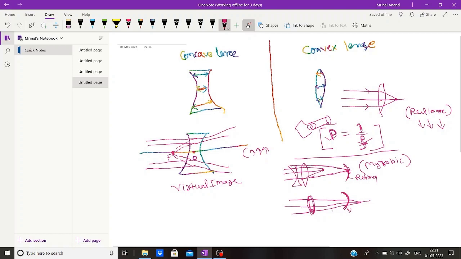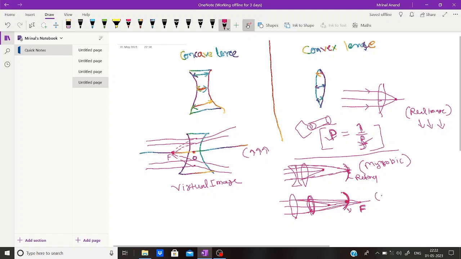So here you can say the focus is beyond the retina. So in order to correct this, we use one more convex lens, and it will lead to an increase in the power. After adding this convex lens, the image will form upon the retina.